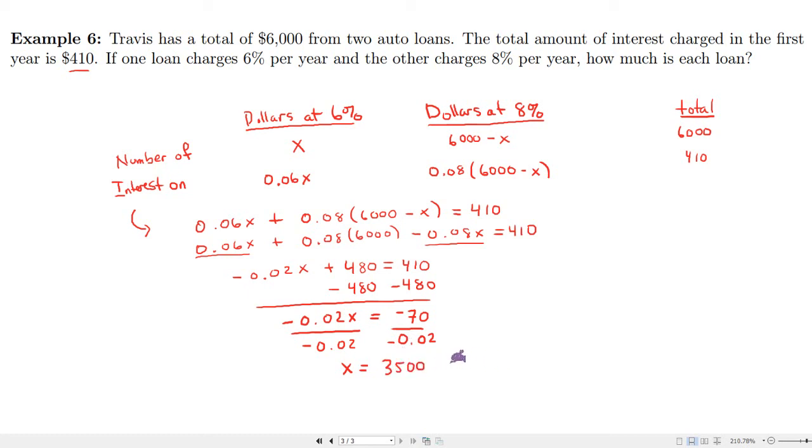So that'll give us the amount in the loan: 3,500 in the loan at 6%. And then the remaining amount, remember the other amount will be 6,000 minus this, so that'll be 2,500 in the loan at 8%. All right.